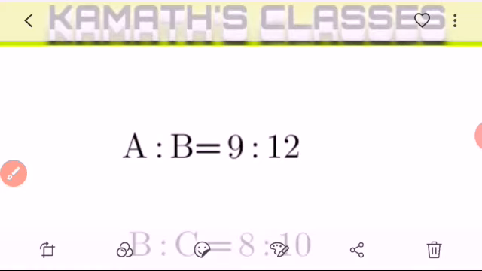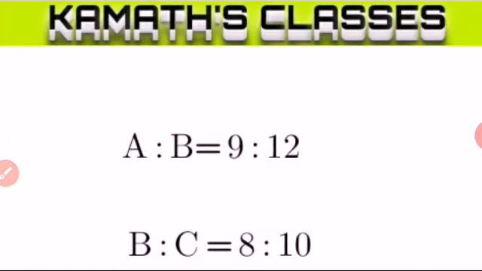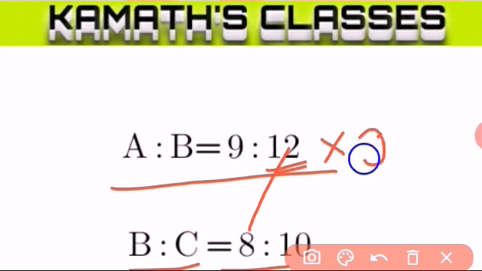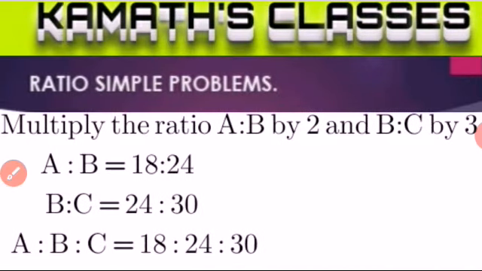Once again I remind you that A is to B equals 9 is to 12, and B is to C equals 8 is to 10. To make 12 into 24 you multiply by 2, and you multiply the second by 3, because 8 should become 24.